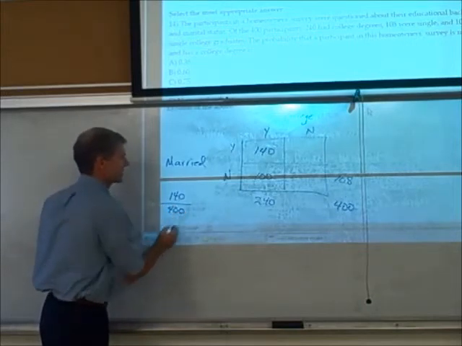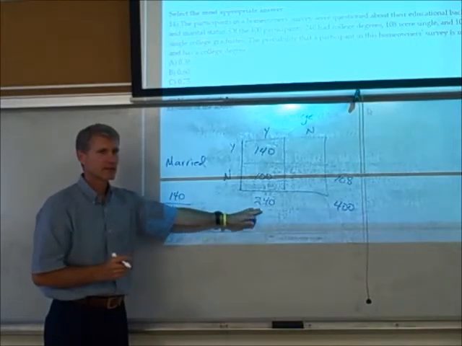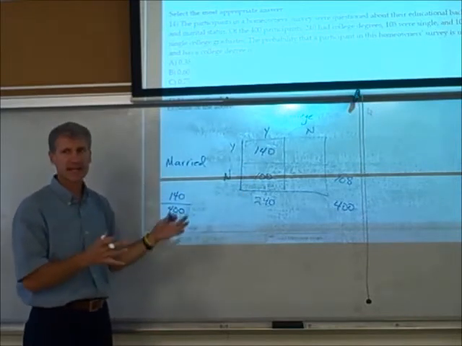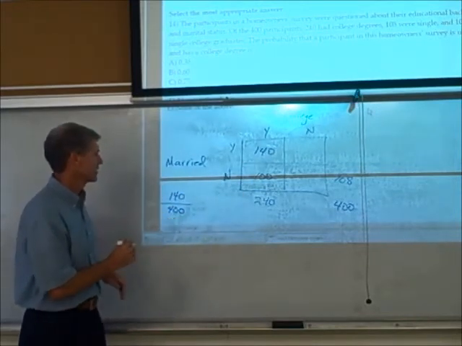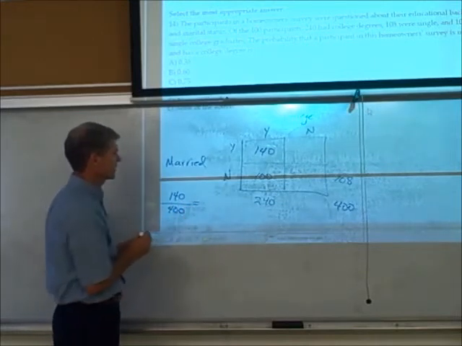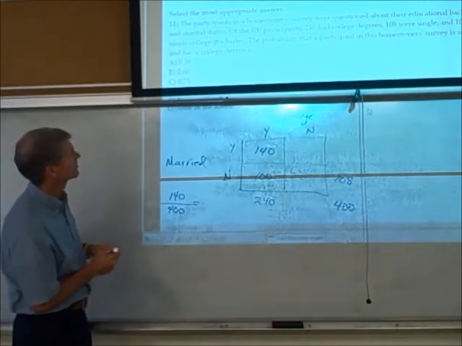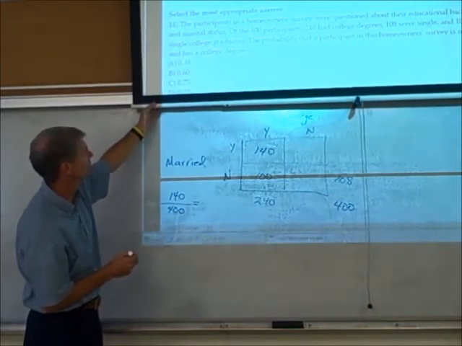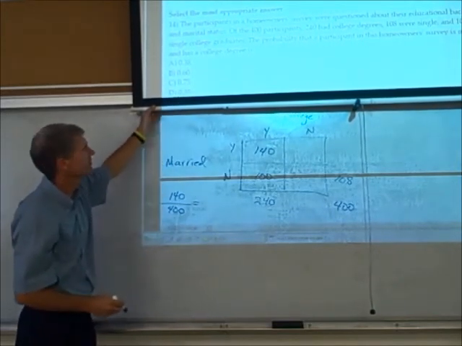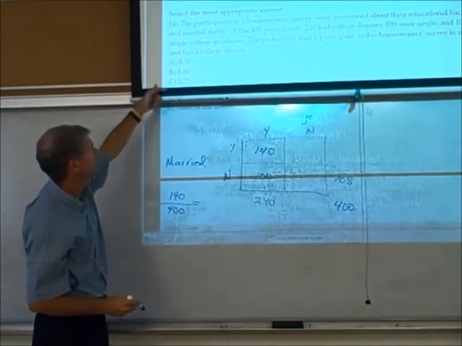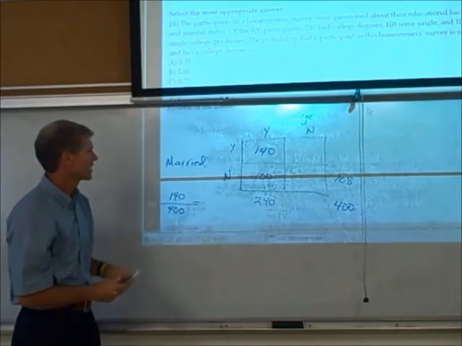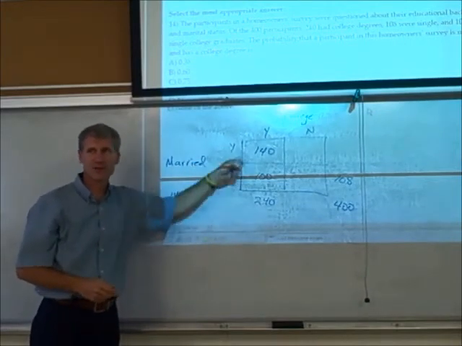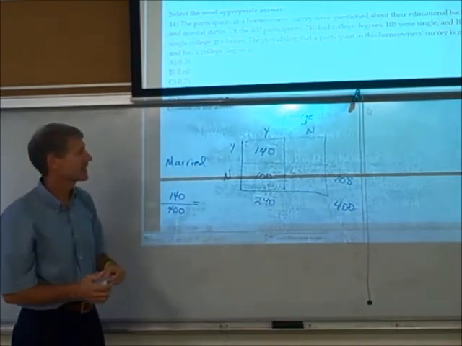I was waiting to see if somebody would say 240. 240 would be conditional probability. But this isn't conditional, it's just an and statement, so it's over the grand total. So 140 over 400, and what is that as a decimal? It's multiple choice. 0.35, so it's option D, 0.35. These other distractor options are going to be things like the conditional probability, going each of the two directions, and things like that.